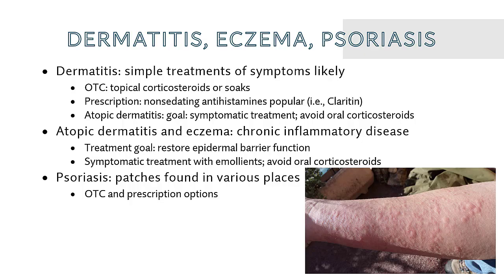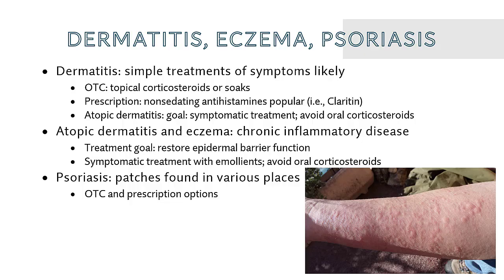Atopic dermatitis, also known as atopic eczema, is a chronic pruritic inflammatory skin disease that is characterized by intense itching and recurrent eczematous lesions. Common triggers include airborne allergens, sweat, harsh soaps, rough fabrics, and fragrances. Atopic dermatitis often improves by adulthood.